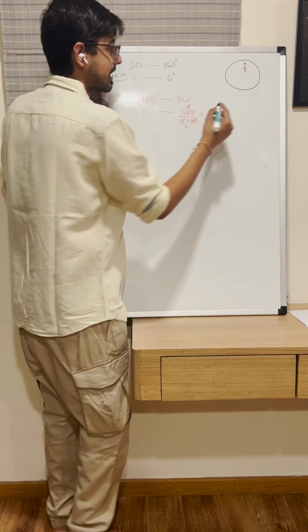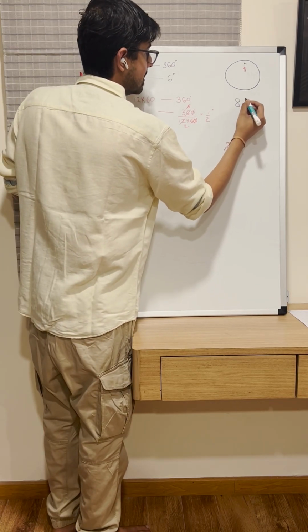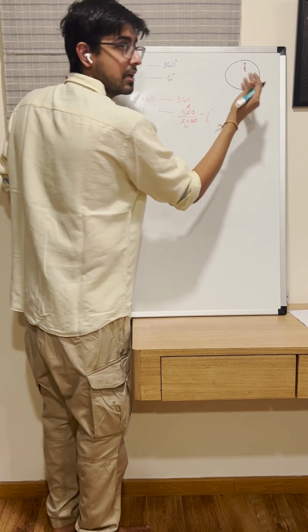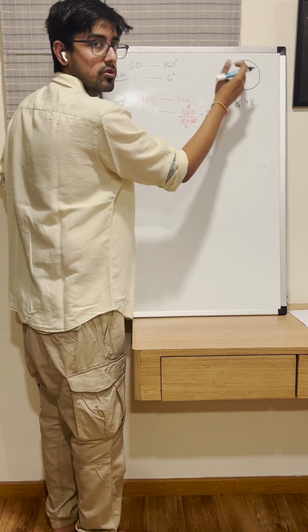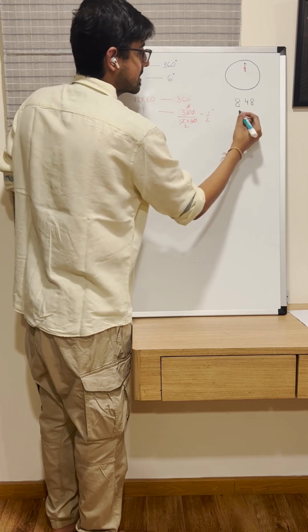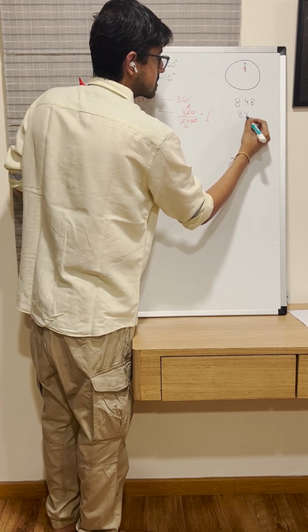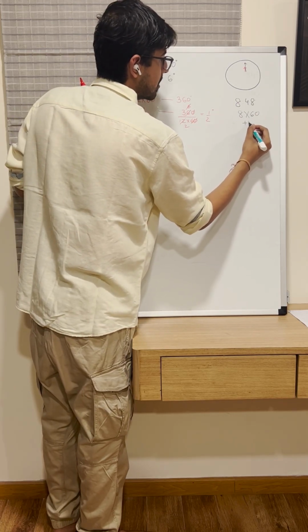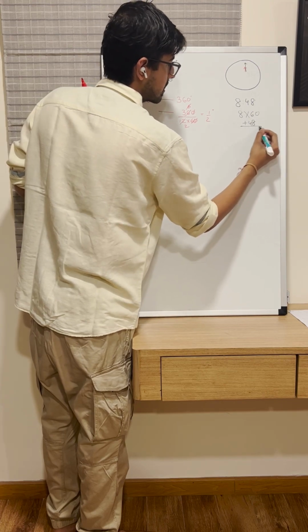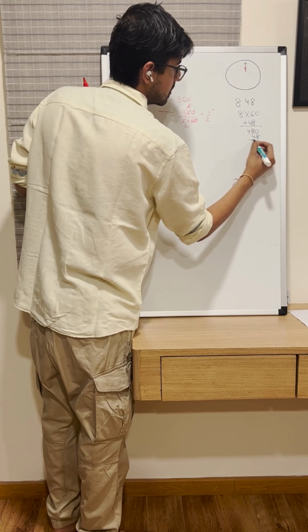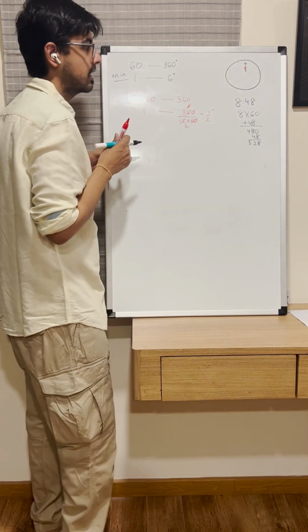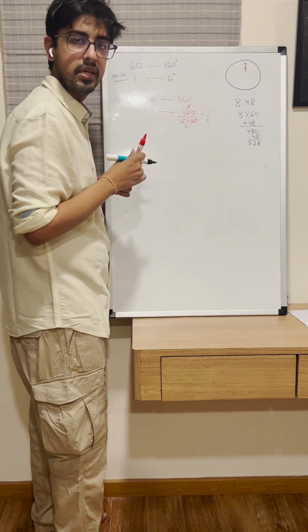Now the given time for us is 8:48 am. So if we consider 12 midnight, when the angle between both of them was 0, the number of minutes that has passed is 8 hours into 60 minutes plus 48 minutes of 8:48, which is 480 plus 48, 528 minutes.